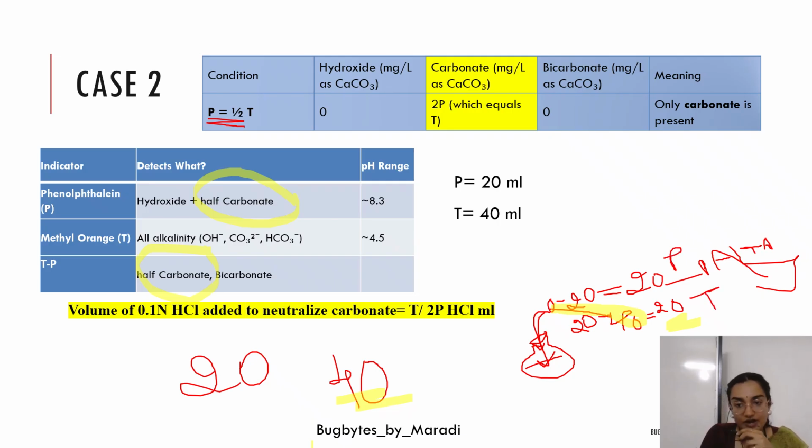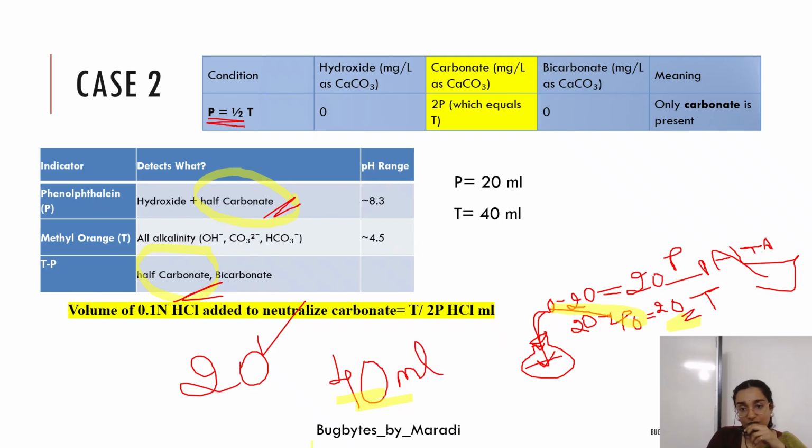So when you add phenolphthalein indicator, half of the carbonate got neutralized, 20 ml. Then you added methyl orange indicator, and again 20 ml was required to neutralize the other half of the carbonate. But we consider it from 0 to 40, that's why it is 40 ml for total alkalinity.